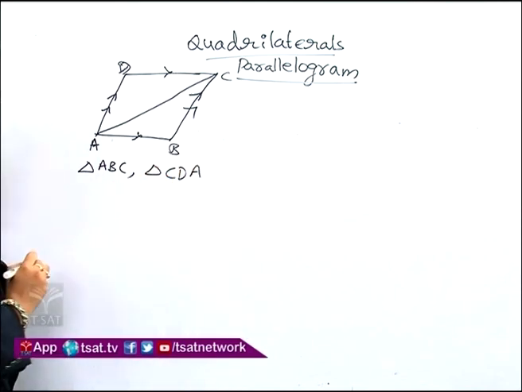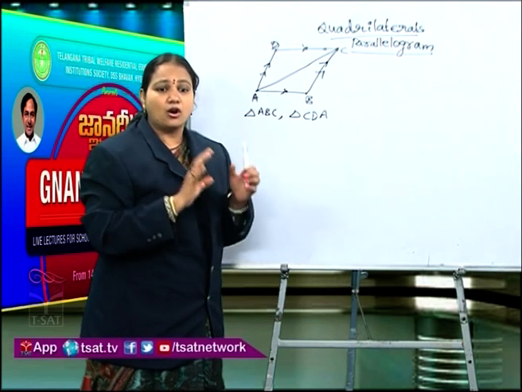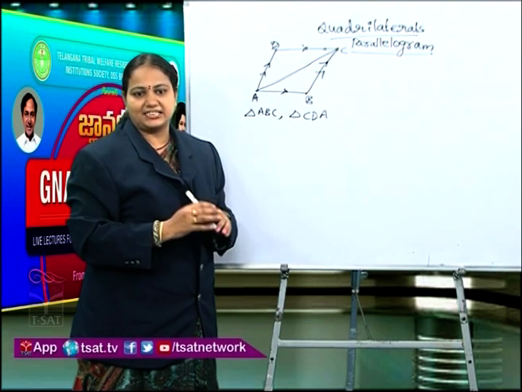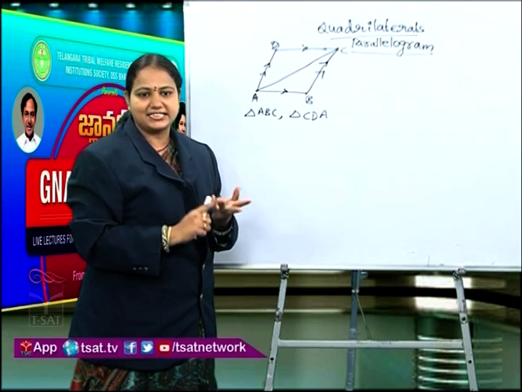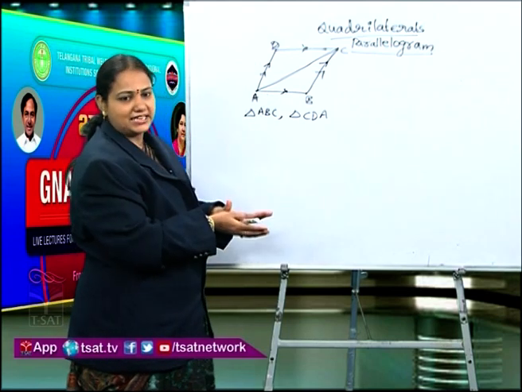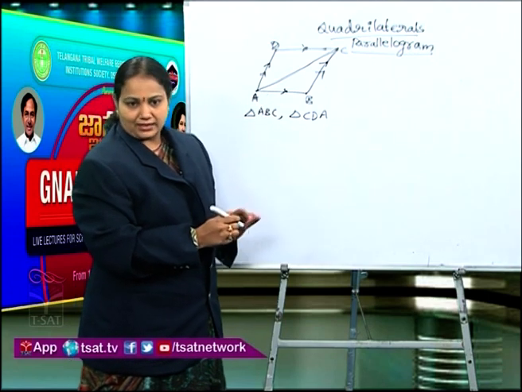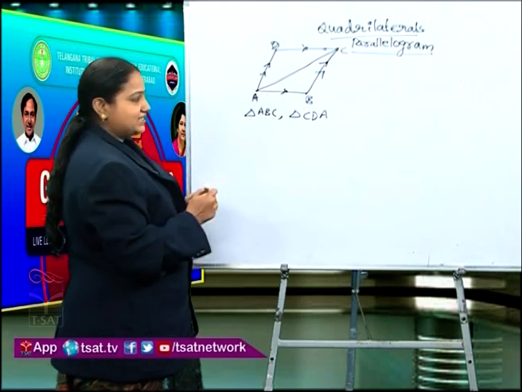These are the two triangles. In yesterday's class, you learned the congruency criteria, isn't it, children? SSS, SAS, ASA, RHS congruency criteria. Today, we will use those congruency criteria here to know the properties of parallelograms and convex quadrilaterals.